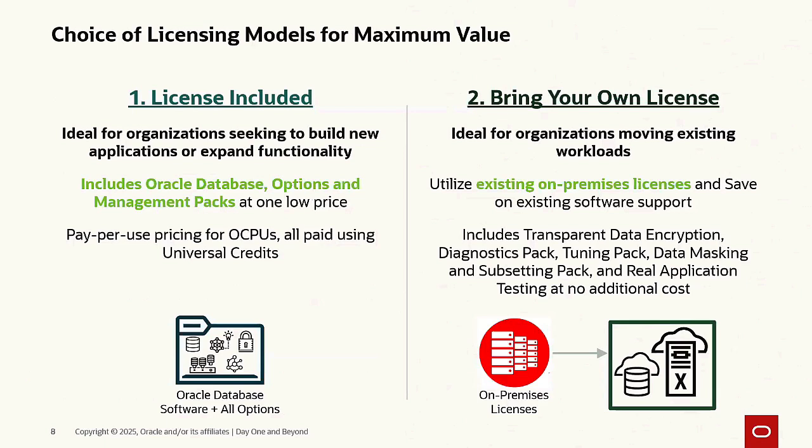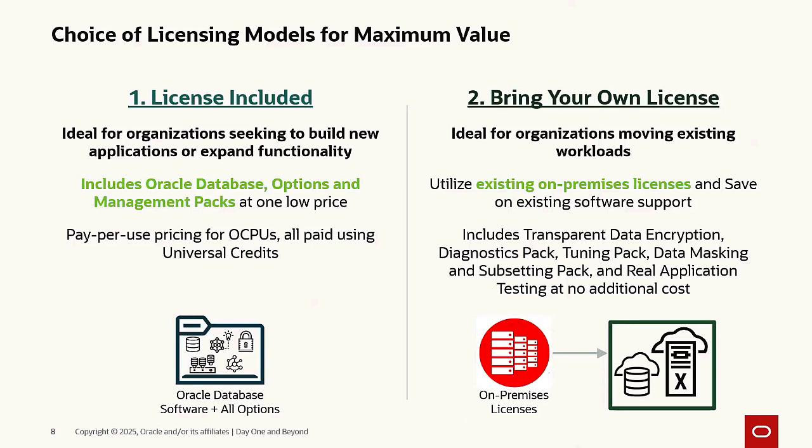Let's take a closer look at the available database compute core licensing models. When you run Oracle database in the cloud, you have a choice of two cost-effective licensing models that you can leverage to best meet your business needs. The first option on the left is the license included model.